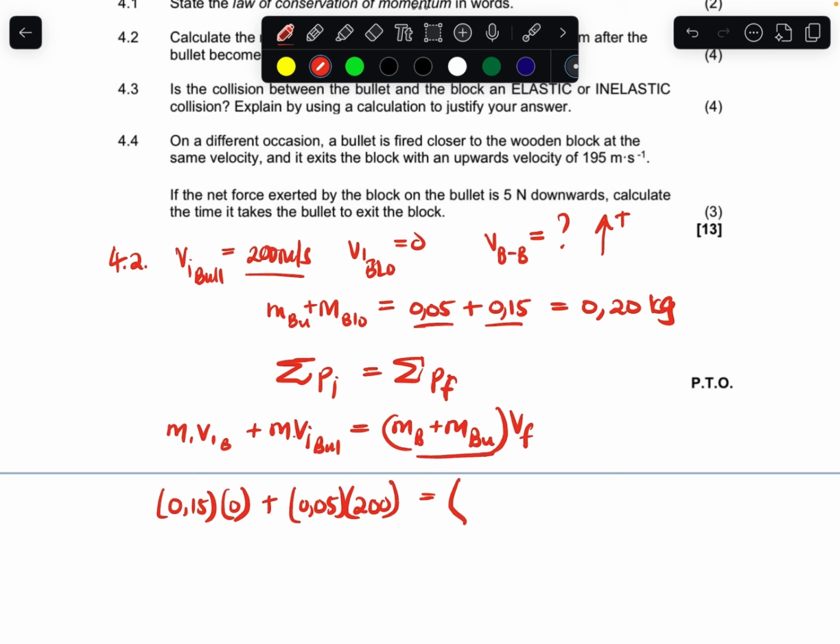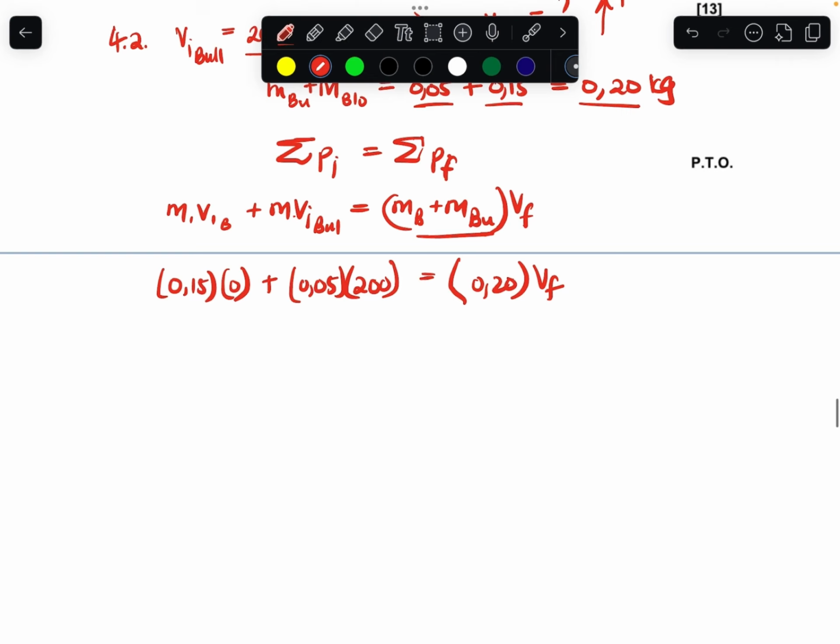Then the combined mass, as I've done there, is 0.20, and we want the final velocity. When you do the math and divide by 0.2, the final velocity of the bullet-block system is going to be 50 meters per second. That's the final velocity with which the bullet and the block are going to move upwards.